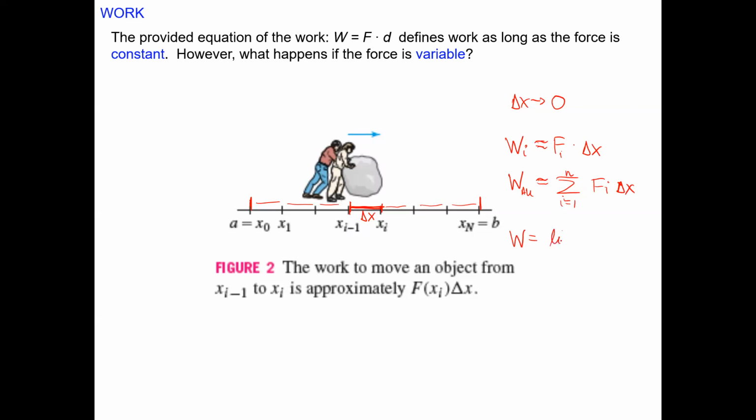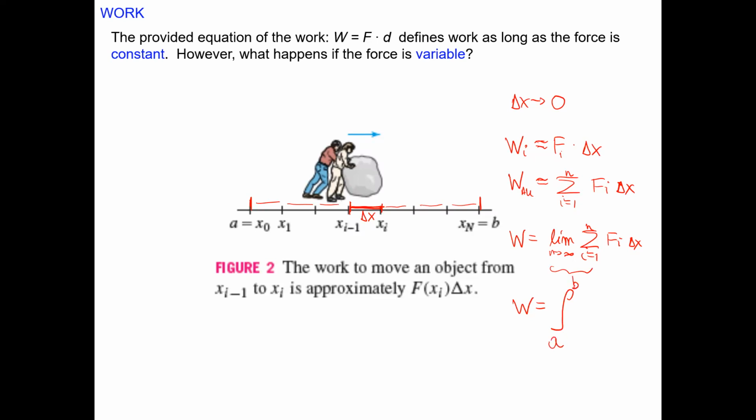But when we take infinitely many of these subintervals, let's say n goes to infinity, then adding all of this tiny work, the force times the distance for every single subinterval, adding infinitely many of them, that's the integration. The limit of the sum is the integration.